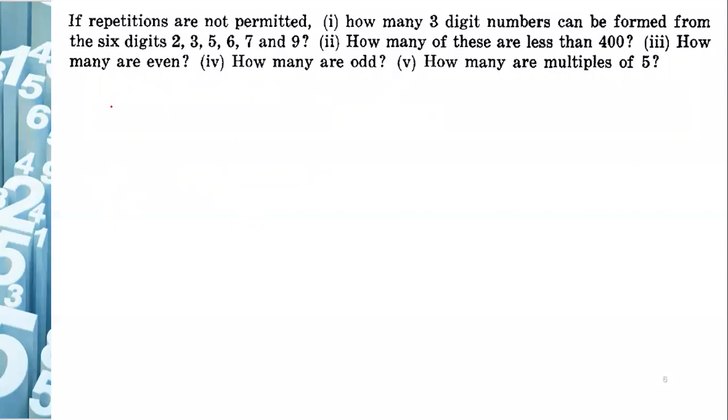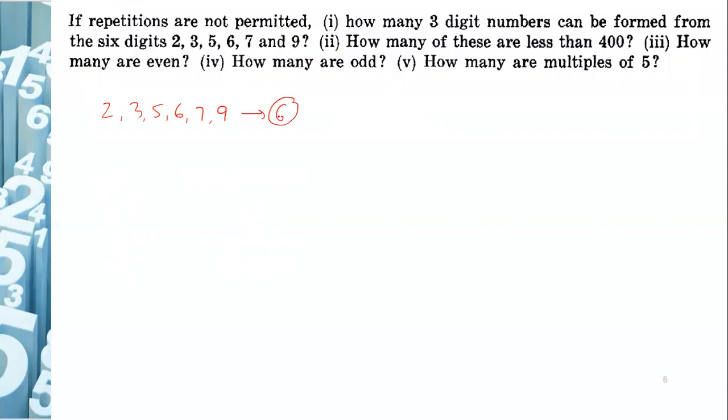Now coming to these permutations problems. If repetitions are not permitted, how many 3-digit numbers can be formed from the 6 digits 2, 3, 5, 6, 7, and 9? So 3-digit numbers I want to form. I have totally 6 numbers.